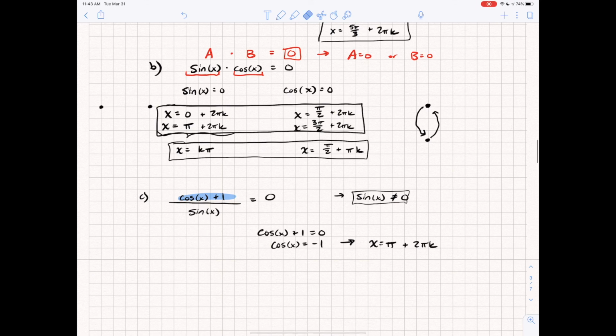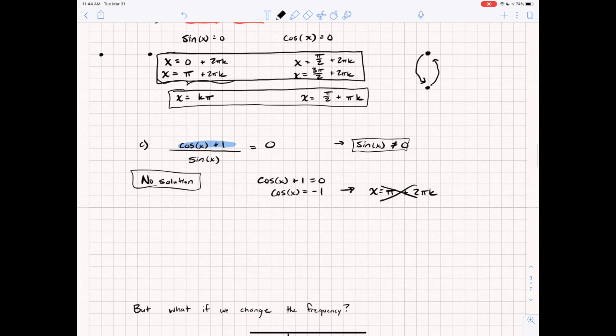Well, at every single pi, sine is equal to 0. So that means these can't be solutions, which means there's no solution to this. Anything that would zero out that numerator puts a 0 on the bottom, which means there can't be an answer to this problem. It's indeterminate.